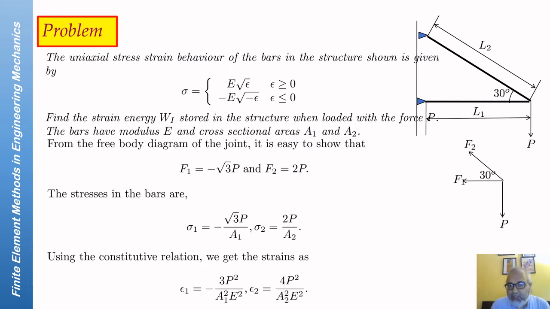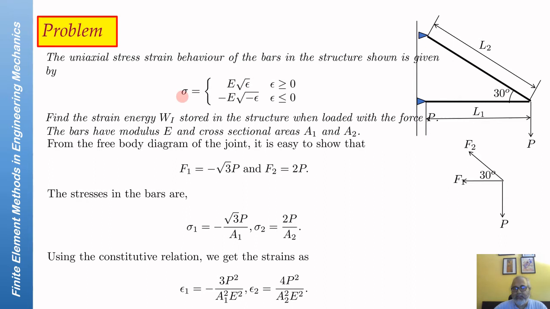Let us first start with looking at how strain energy, internal energy, is calculated. Let us assume that I have this truss, but these truss members are made up of a strange material which obeys a, remember, trusses can only bear stresses along their axis.